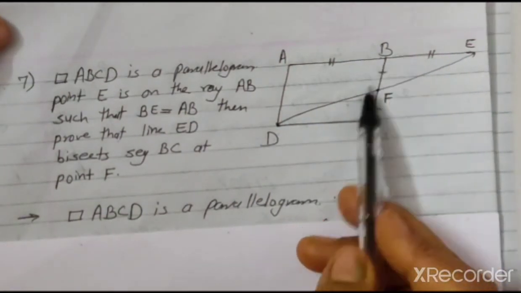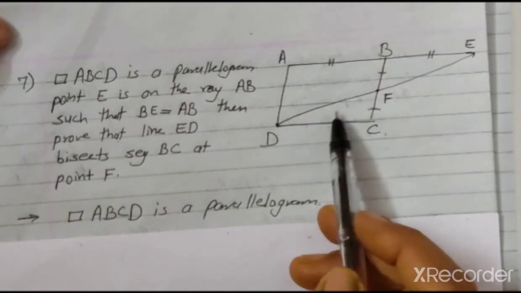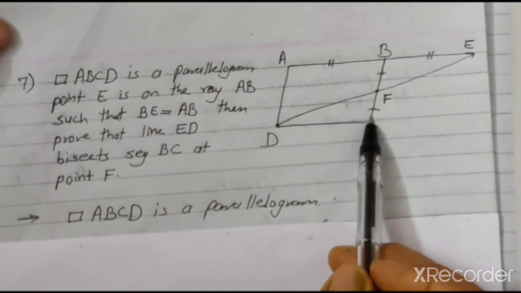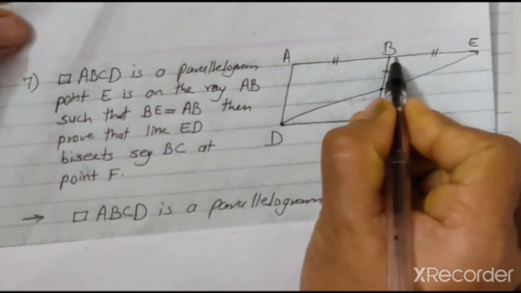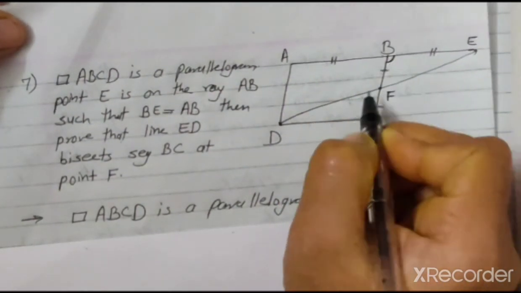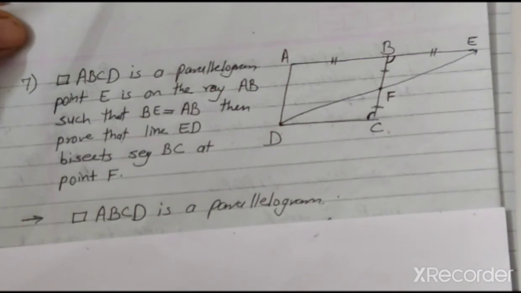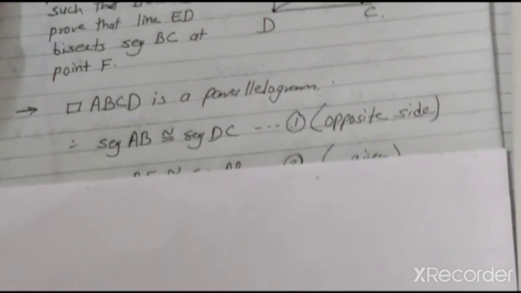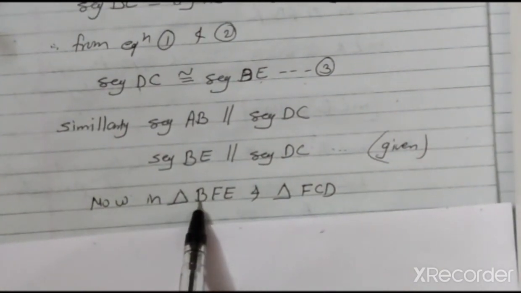So, if these two lines are parallel with each other and if BC is their transversal, then we can say this angle and this angle both are congruent because both are alternate angles. So here I am using these both angles in these two smaller triangle BFC and FCD.